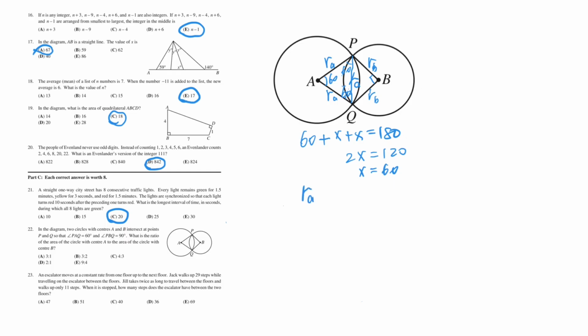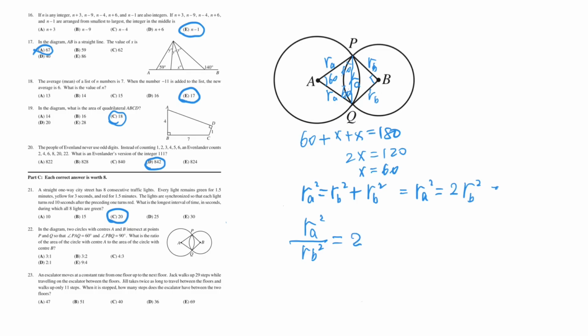So RA squared equals RB squared plus RB squared. That means RA squared equals 2 RB squared, so RA squared over RB squared is 2.